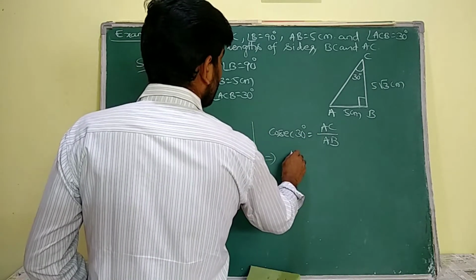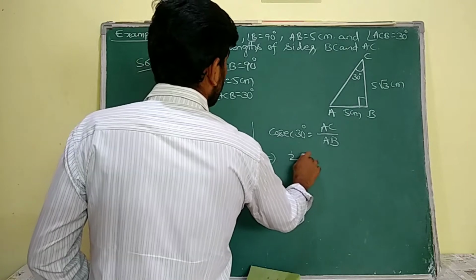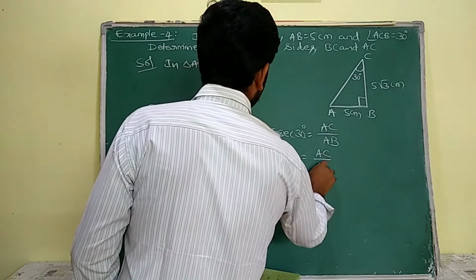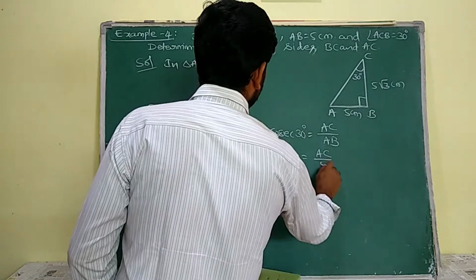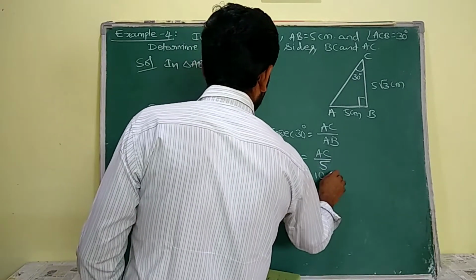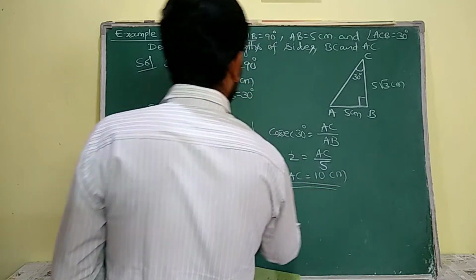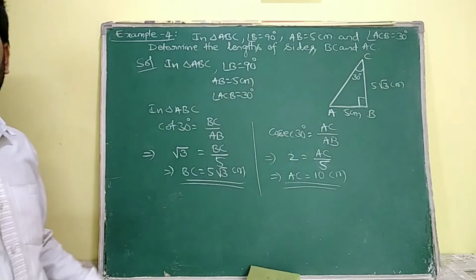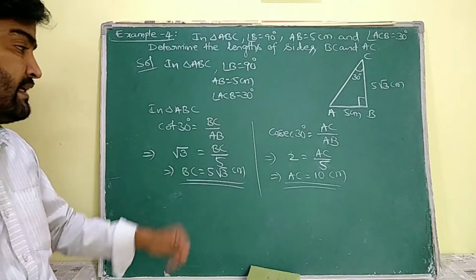We know that cosecant 30 is 2. That is AC by AB, and AB is 5. That implies AC is equal to 5 twos are 10 centimeters. In this way, we will find the unknown sides.